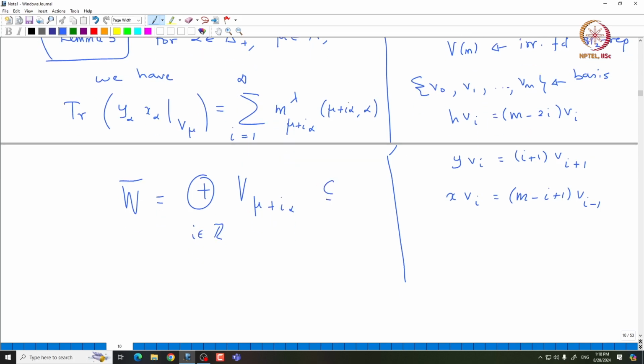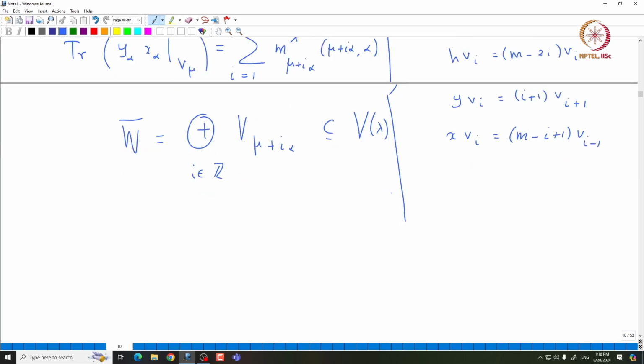This is going to be a subspace of V. One can easily see that this is indeed an SL2 alpha invariant subspace.